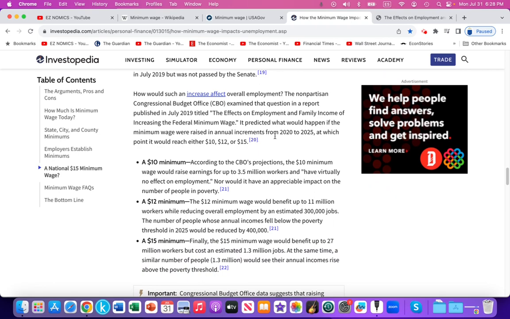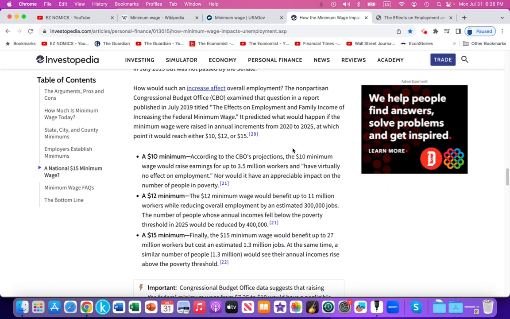What was the impact of this? Well, there was a nonpartisan Congressional Budget Office study that highlighted these effects. Going from $7.25 to $10 an hour would raise earnings for up to 3.4 million workers, I guess increasing their producer surplus, and it would have virtually no effect on employment, which is what I was trying to do here.